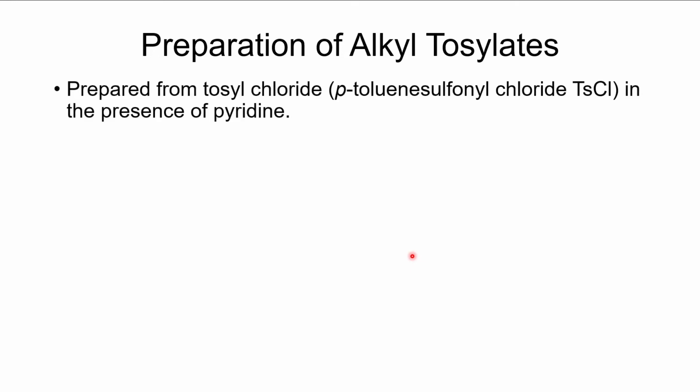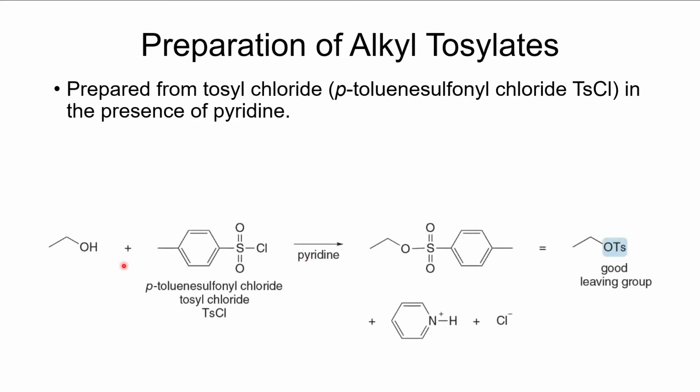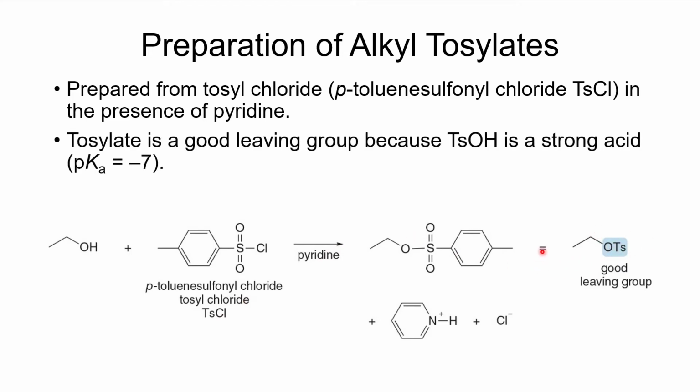The way that we prepare alkyl tosylates is that we take the alcohol and react it with para-toluene sulfonyl chloride, or tosyl chloride as the short way of saying it, and we have to do it in the presence of pyridine, as a reagent to soak up H+, and we will end up with the tosylate, and that tosylate ends up being a good leaving group.